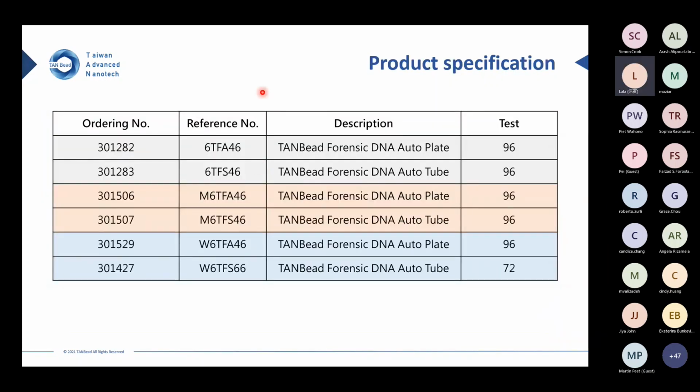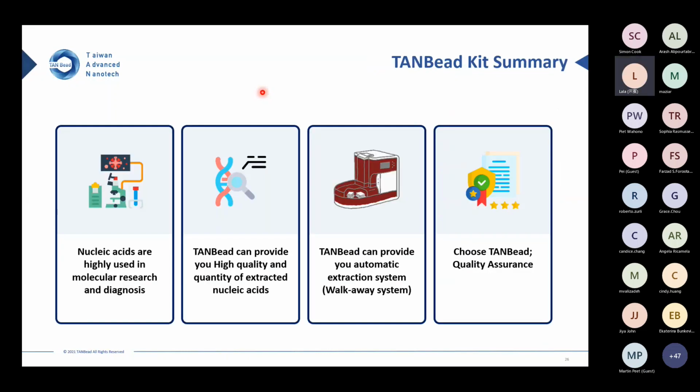Now, these are the TANBead forensic kits, whose applications we have discussed today. Now it's time to conclude the presentation. So today we have looked at how nucleic acids are highly used in molecular research and diagnosis, particularly in the field of forensics.